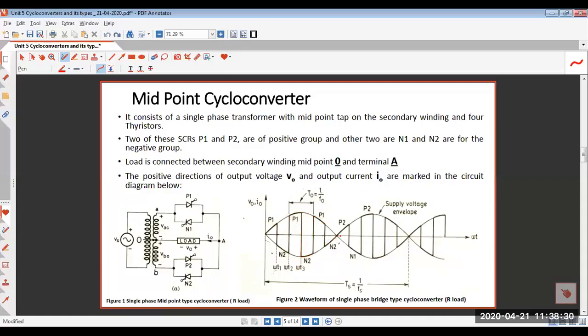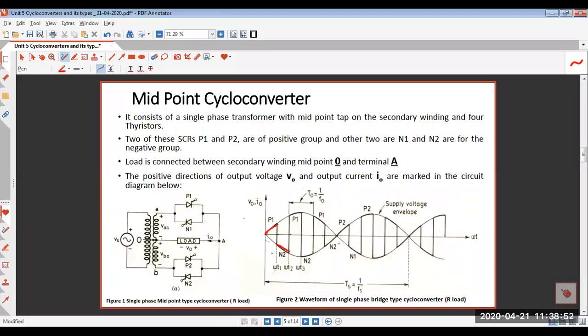Okay. Now you must have noticed one thing: when P1 is conducting, it is following the positive envelope of the supply. When N2 is conducting, it is following the negative envelope of the supply. Why is it happening? Now let us see this using the sign convention.